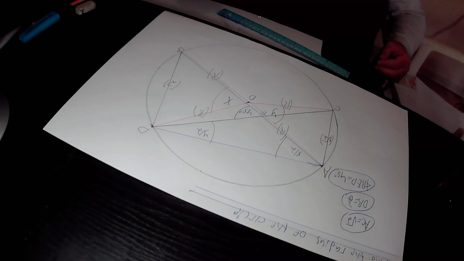Side OB also equals R. And the length of side DB is 2, as given in the question.